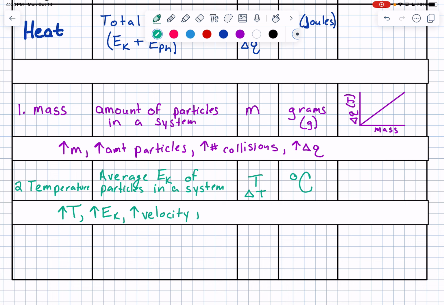And the reason why direction is important is because the direction is going to lead to collisions. And so higher temperature, higher kinetic energy, higher velocity, speed in a direction, which means a higher number and force of collisions. That's important. Not only are we going to have more collisions, but we're going to be having more forceful collisions.